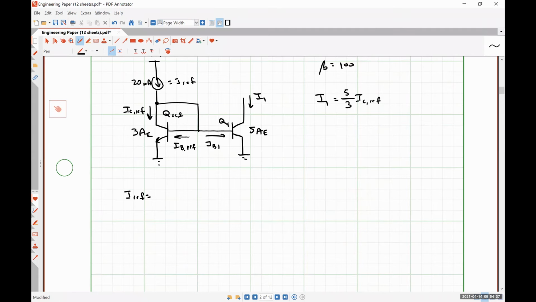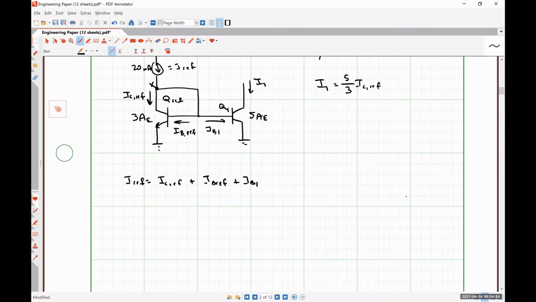IREF is equal to ICREF plus IBREF plus IB1, doing Kirchhoff's current law at node X or Y or whatever you want to call it. So this is going to be ICREF plus ICREF over beta plus 5 over 3 beta.